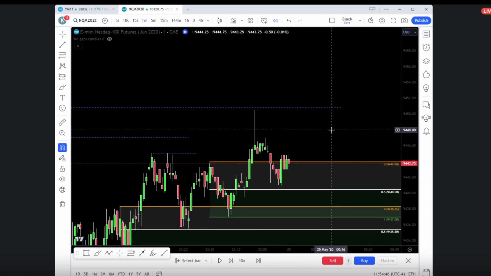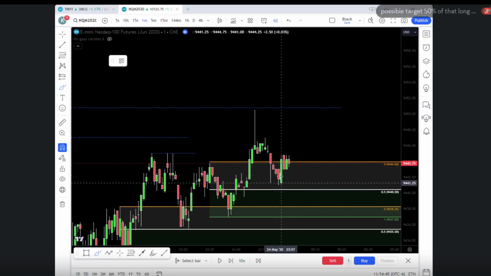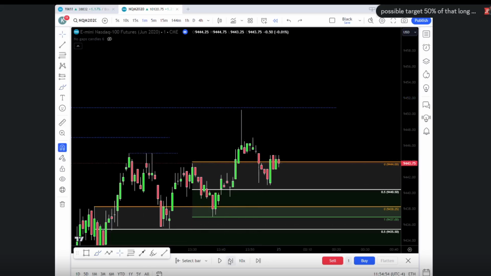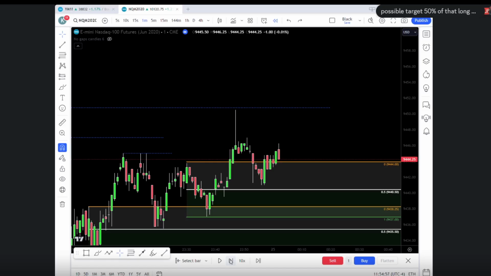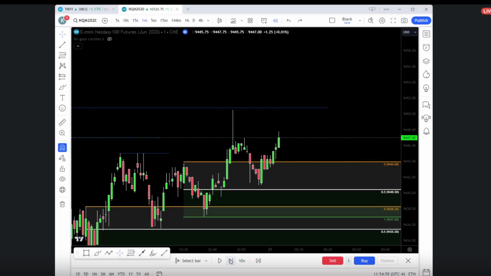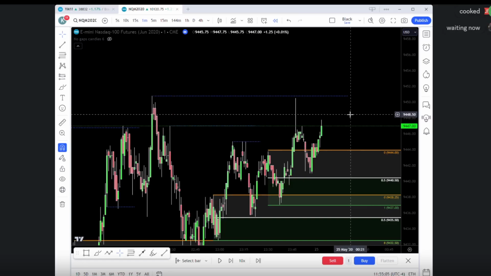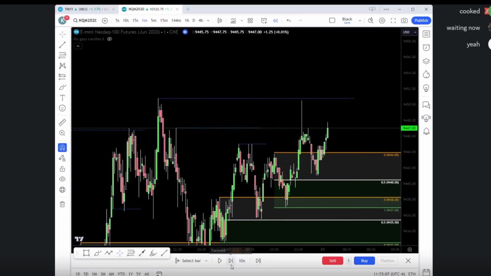Right? Personally, if we get a valid low that's formed in here with a sweep in a zone, what happens to this high? Still long? Right?